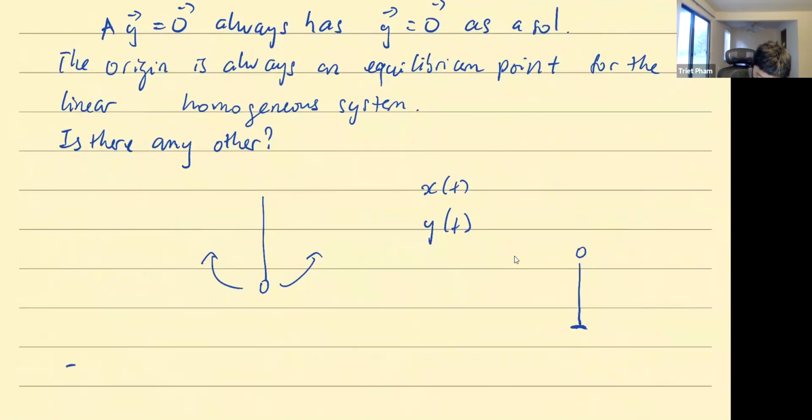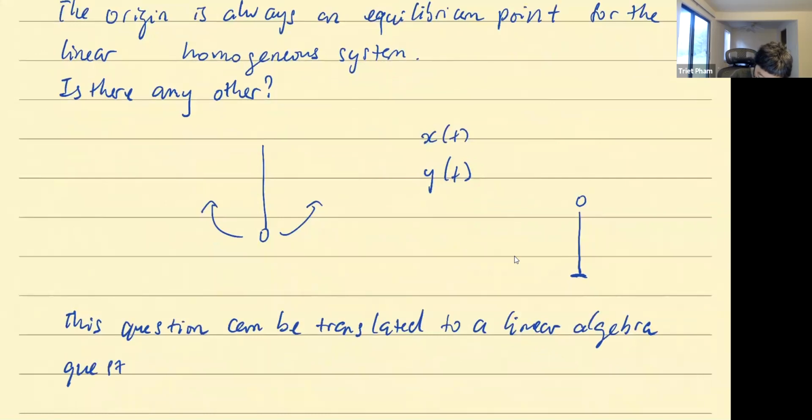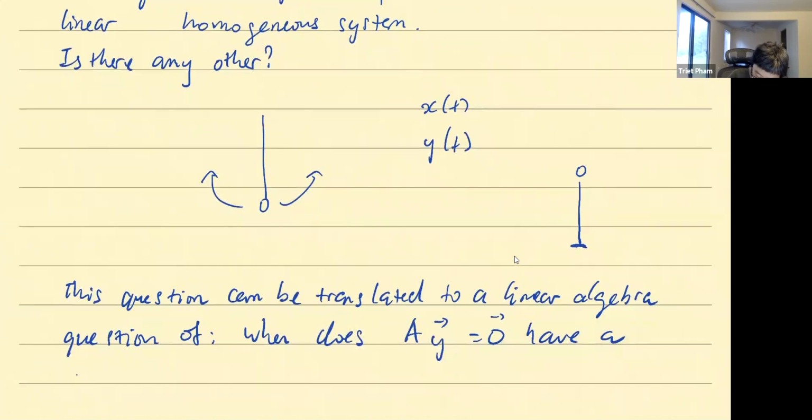But this question can be translated to a linear algebra question: when does the system A times y equal to 0 have a non-zero solution? In some situations, you call it a non-trivial solution. When does the system have a non-zero solution?